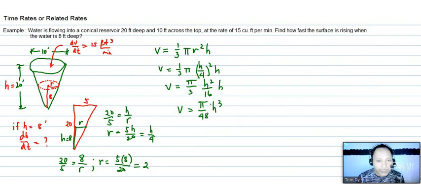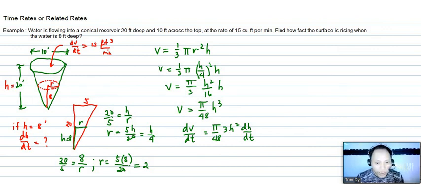This time, we take the derivative with respect to time. So dV over dt equals pi over 48 times the derivative of h cubed, which is 3h squared dh over dt.